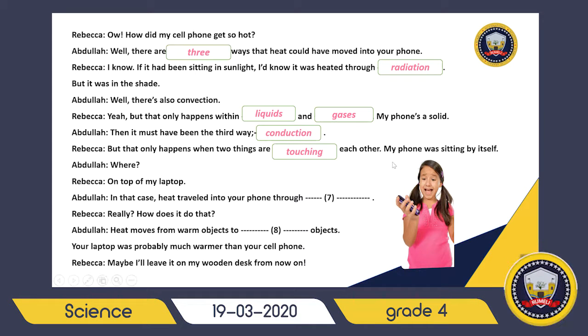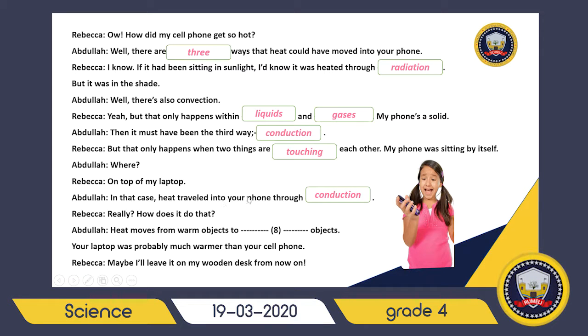My phone was sitting by itself." Abdullah said, "Where?" Rebecca said, "On top of my laptop." Abdullah, in that case, heat travels into your cell phone through conduction, because in this way the cell phone is touching the laptop directly. Rebecca said, "Really? How does it do that?"